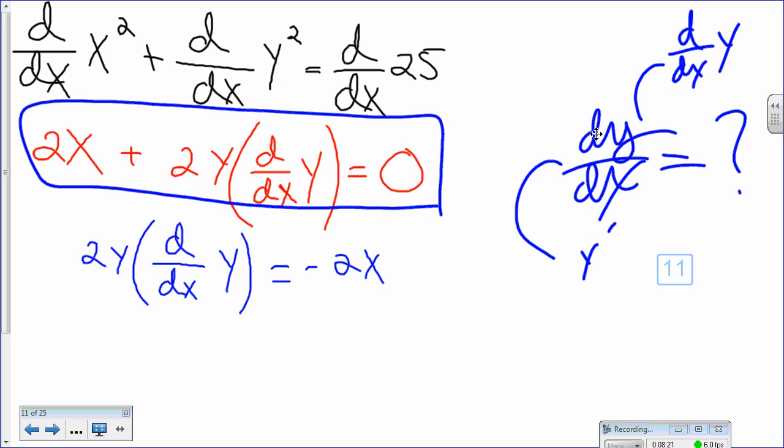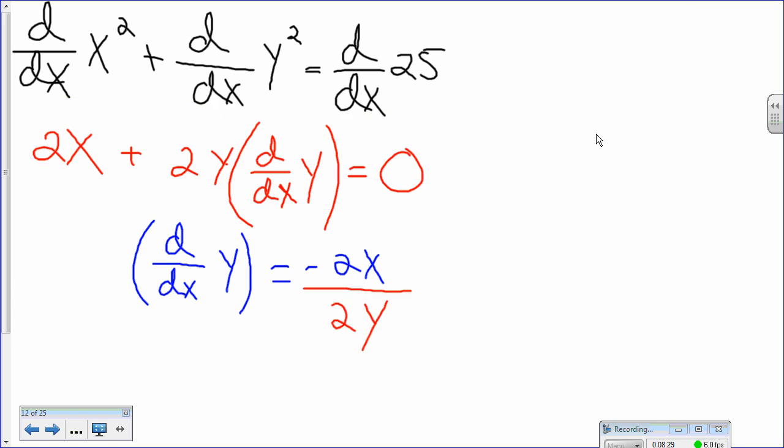So let me back up here. I'm trying to solve for dy dx. And so I'm going to simply divide both sides by 2y. Now, the key to this problem was they told me where they wanted to find the derivative. But not only did they tell me the x value, they told me the y value. And look what this is saying. The slope of this function y, that one we're pretending we can't solve for, is not just in terms of x's.